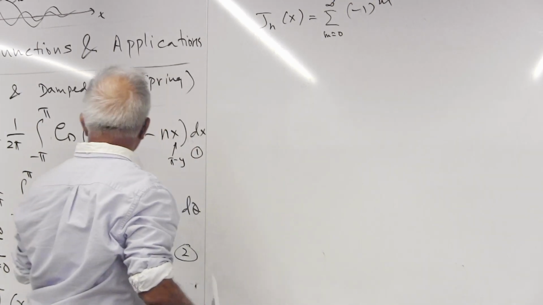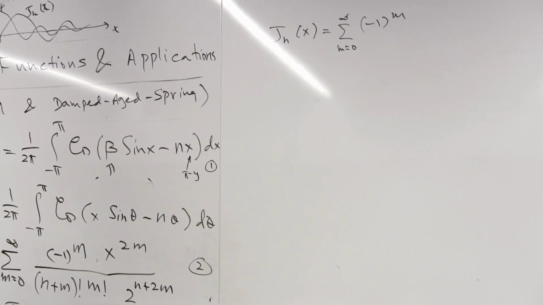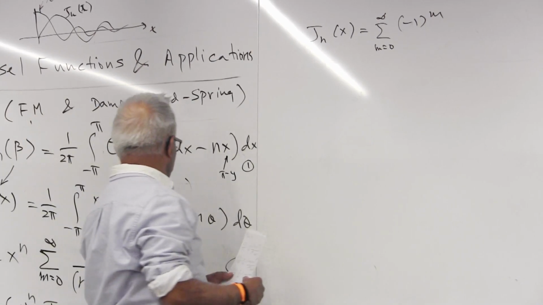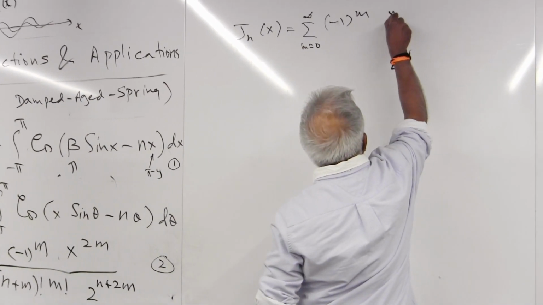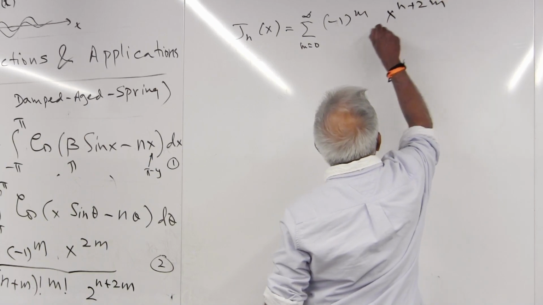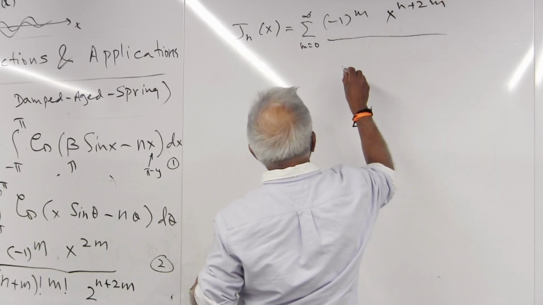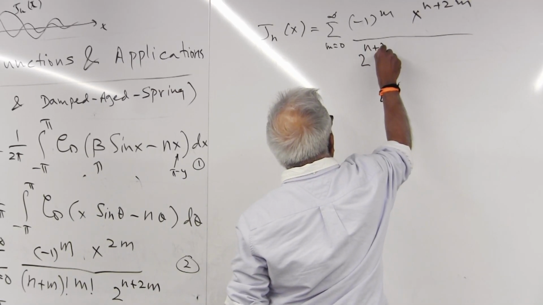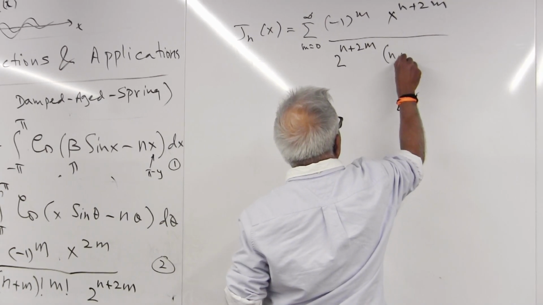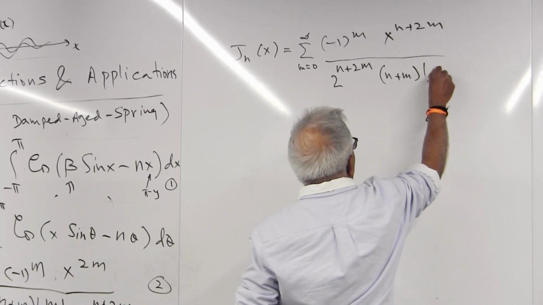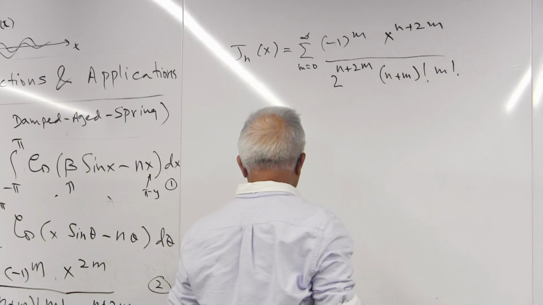Since I want to take the derivative, I am going to put all the x's together. So this is x to the power n plus 2m, and here 2 to the power n plus 2m, n plus m factorial, m factorial. This is what we start with.